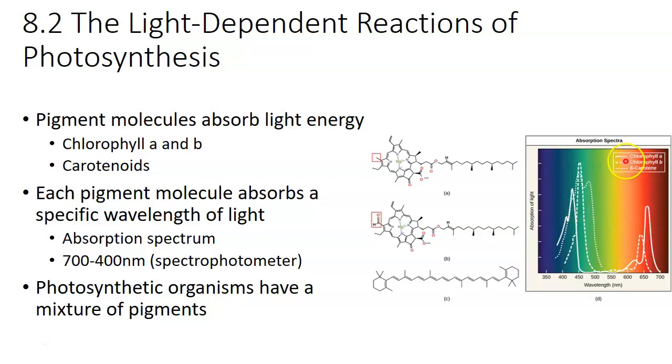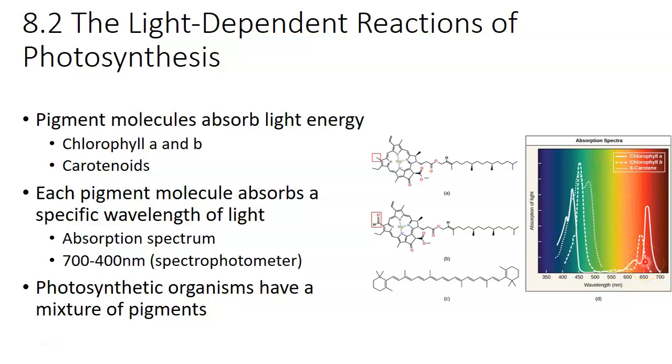And then we've got chlorophyll B, that heavier dashed line, which is going to absorb again in the green part of the spectrum, around 450, 460 is where it really peaks. And again, it will also absorb around 650.